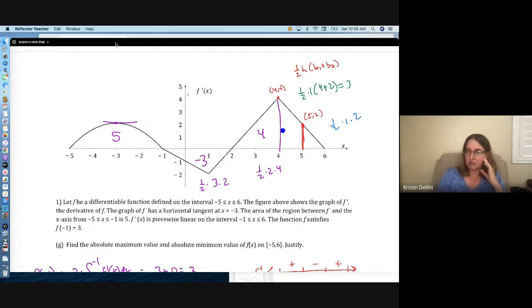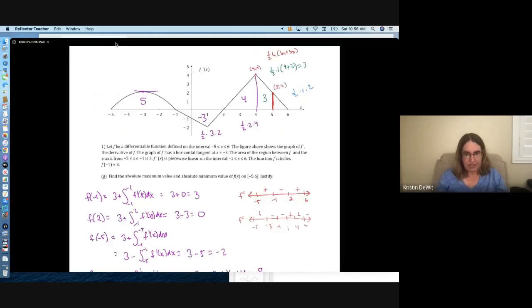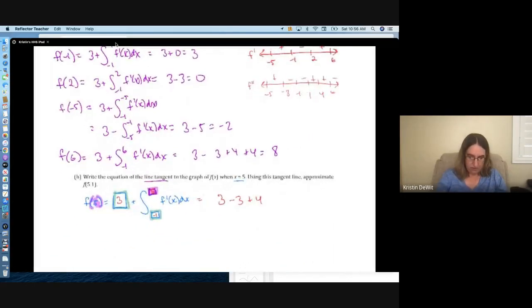So going down 2 over 1 would take me to the 0.52. So anyway, that's how we get the height here. So 4 plus 2 are the heights of your bases. That's 6. 1/2 of 6 is 3. So this becomes 3. And so then we can add that 3 right here, and we get 7.